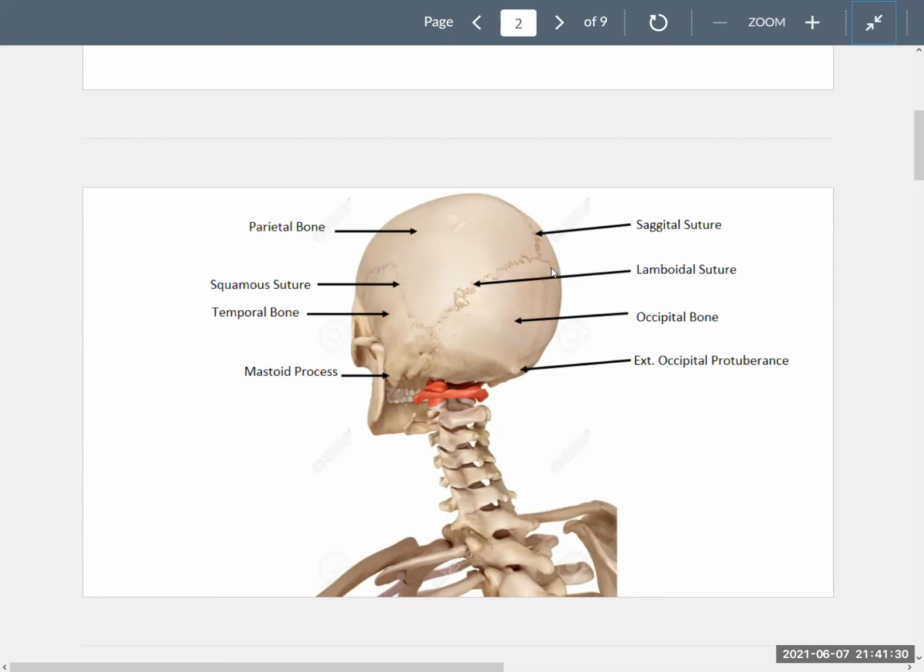It splits at the back of your skull, and one goes each to the right and left. This is the lambdoid or lambdoidal suture. I said two things. I said lambdoid and lambdoidal. That's unfortunately one thing that's imprecise about anatomy, which should not be imprecise at all.